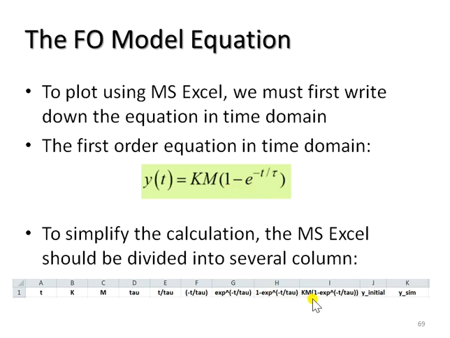And then we multiply all this equation, K M, and also this exponential term. And then the following column is to provide the initial value of y. And the last column is the simulated output, or the y sim.